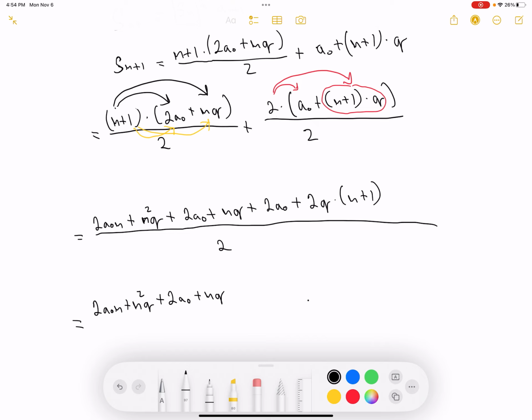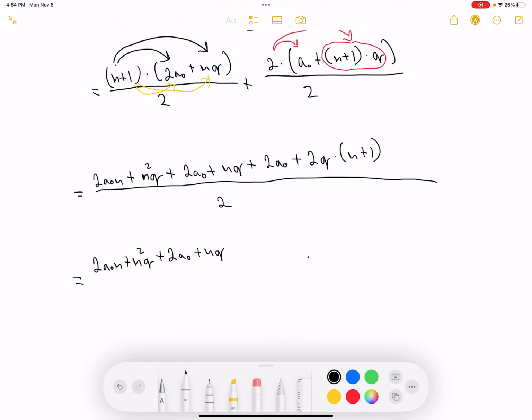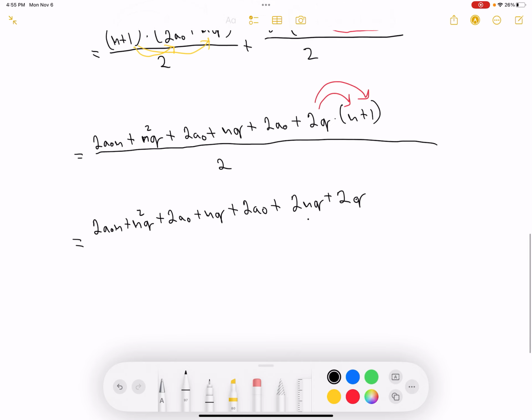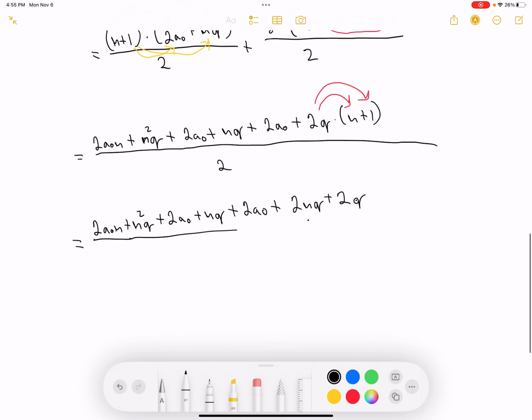So n squared q plus 2a0 plus nq. That makes sense. All right. Plus 2a0 plus, and now factor out these guys. So it's going to be 2nq plus 2q, right? And it's all going to be over 2.